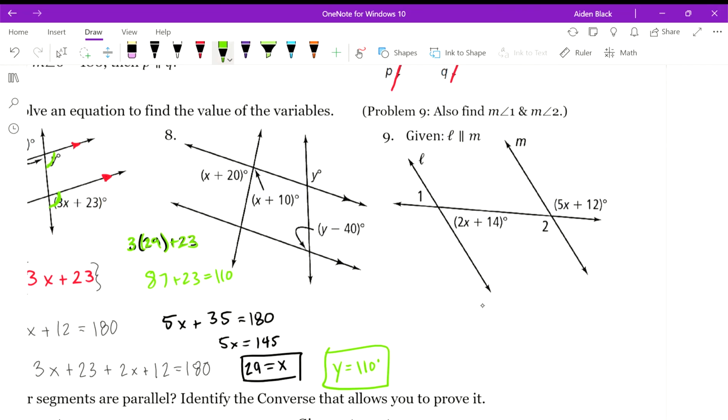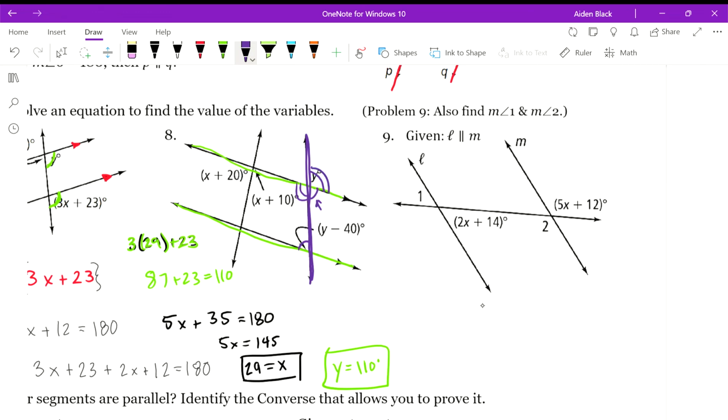You could do the same thing here with this problem, but you want to know you're doing one transversal at a time when you're looking at this. So start out with this one and say, oh, these are congruent. This one here and this one here are supplementary.